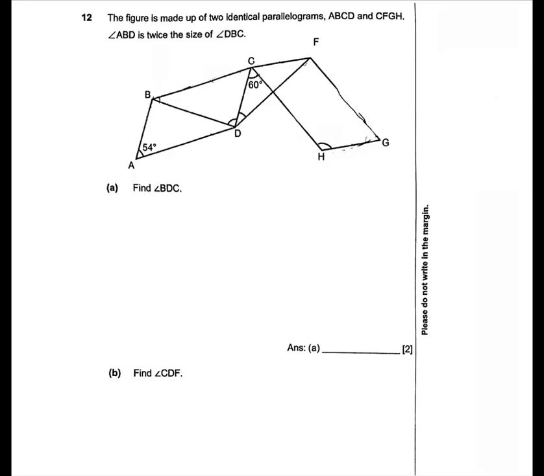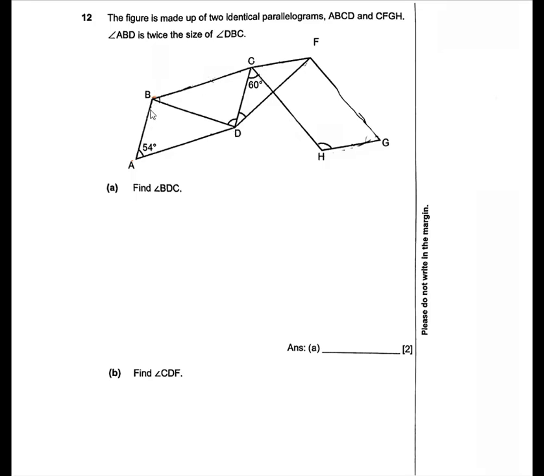So the figure is made up of two identical parallelograms, ABCD and CFGH. Angle ABD is twice the size of angle DBC.